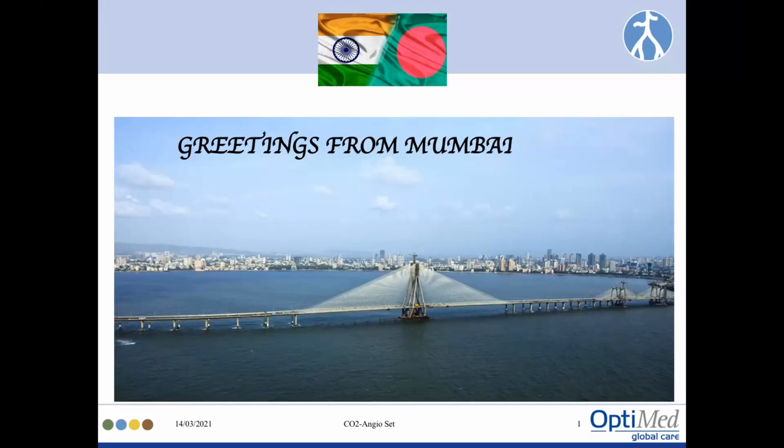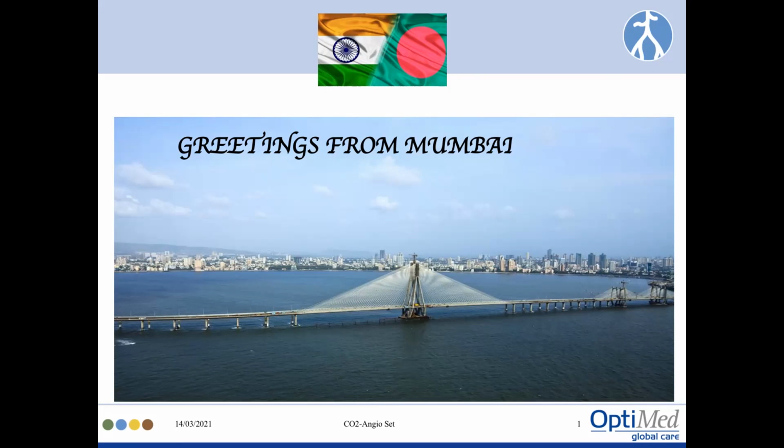we used to read a lot about carbon dioxide as an agent. There's a lot of literature, but generally speaking, the bugbear of carbon dioxide angiography was always the delivery system. If you go through the literature, you'll find a lot of ways in which homemade local contraptions, clumsy kind of equipment, were used to try and push carbon dioxide into the blood vessels.